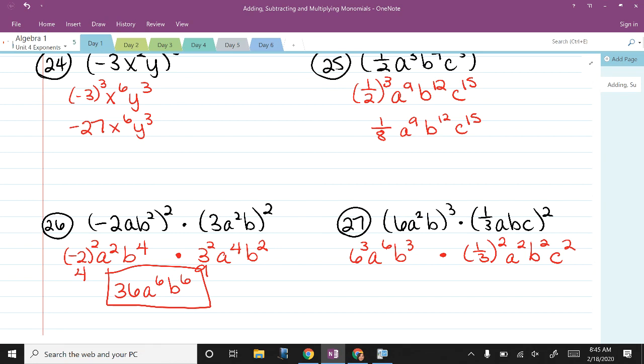All right, I'm going to work on my numbers. What's 6 to the 3rd power? 216? Calculators help us, right? What's a third squared? Yeah, 1 over 3 times 1 over 3 equals 1 over 9, right? Multiply those two. I'm going to use my calculator.